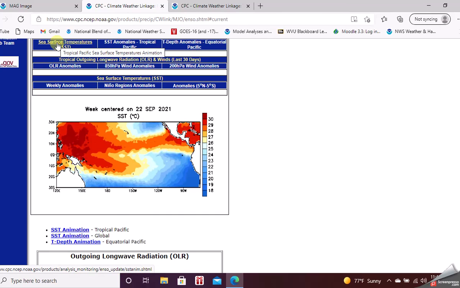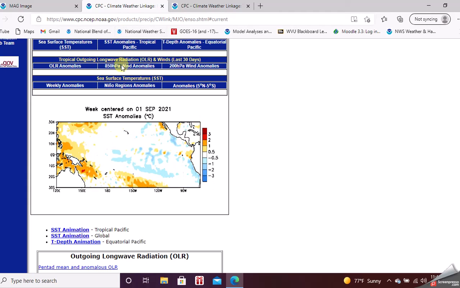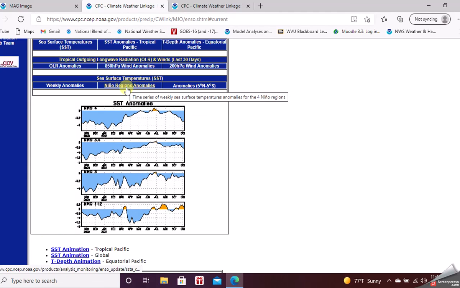And here you can actually see where the warm water is. Now this is a pattern that's moving towards a La Nina. Here you can actually see some of the anomalies. And here's Nino 3.4, typically where they look, and you can see it trending down almost to three-quarters of a degree now, cooler than normal. So that would be where you would expect to say, oh, there may be some beginning towards La Nina.